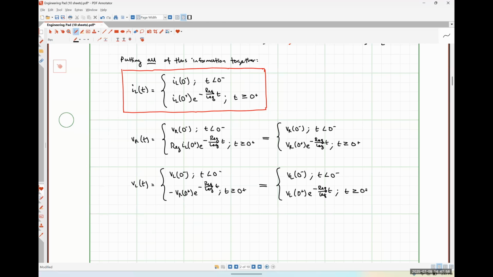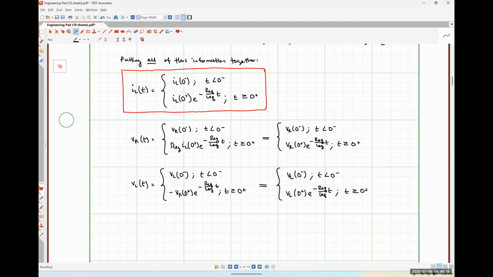So we can see that our inductor current, our resistor voltage, and our inductor voltage all have the exact same form.